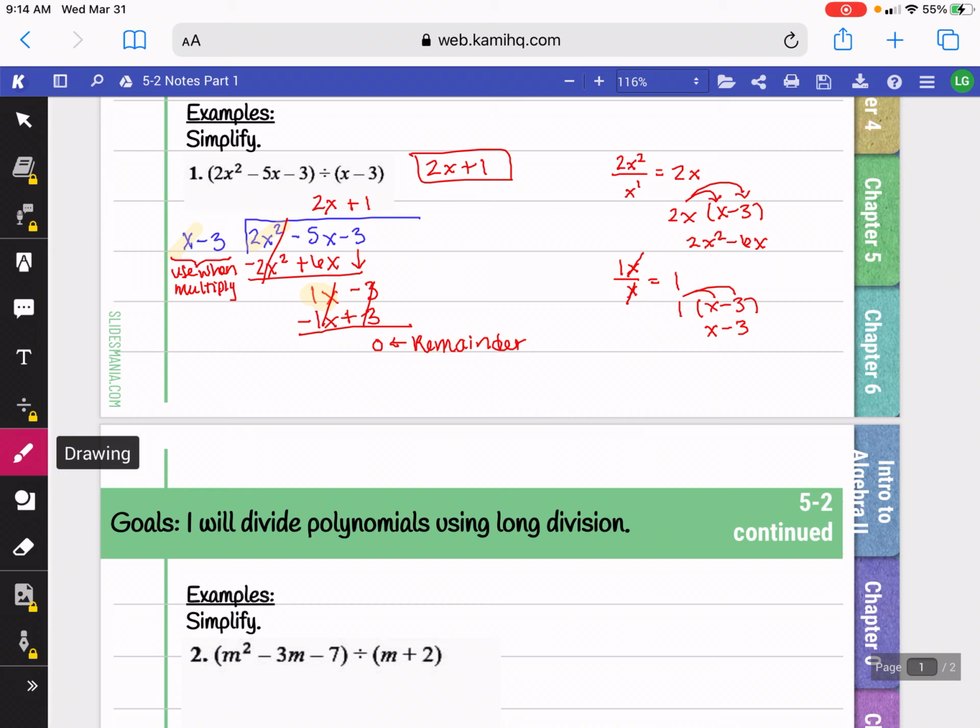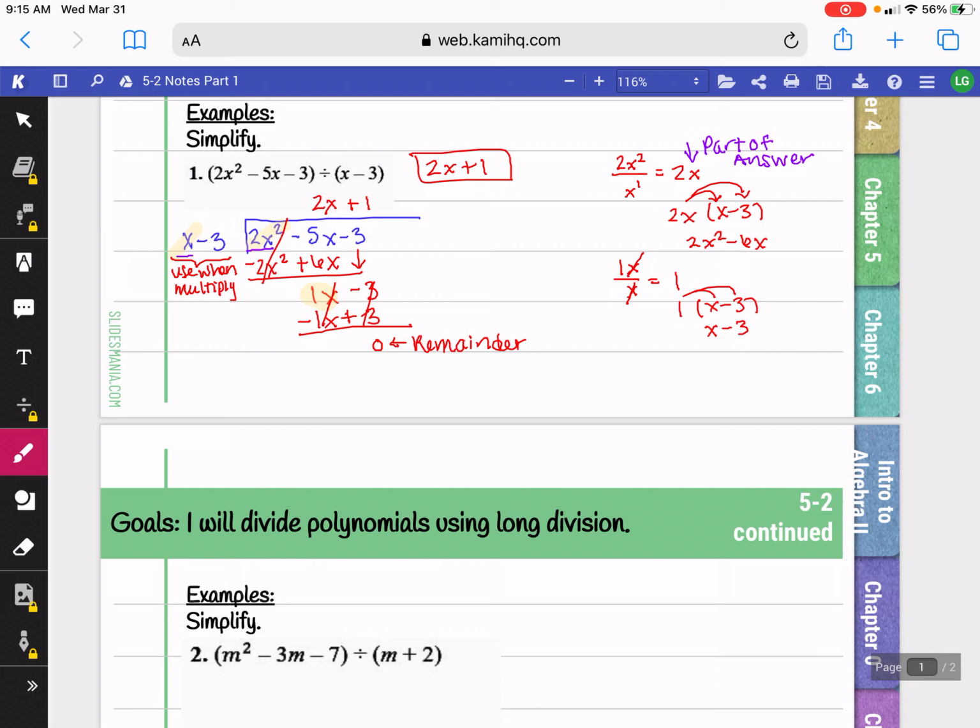So just to summarize, when you did it, you start by dividing your first terms. Whatever you get when you divide your first terms is part of your answer. After you write that in your answer, you're going to multiply it by the part you use when you multiply, which here is the x minus 3 for the whole problem.